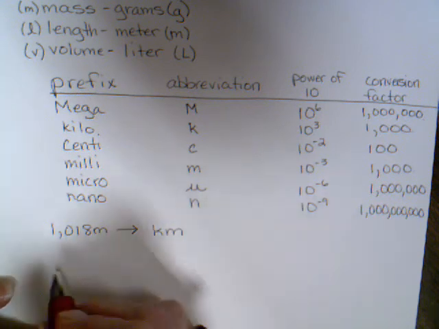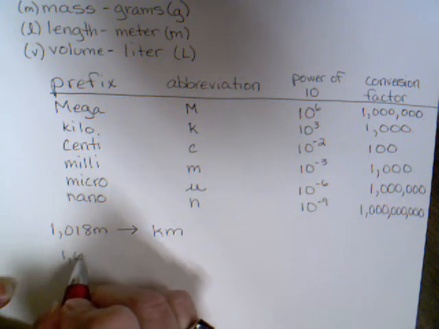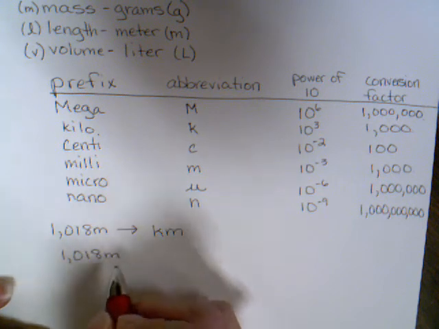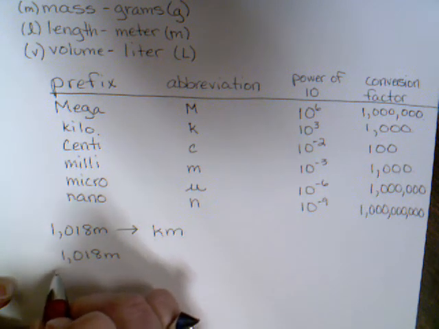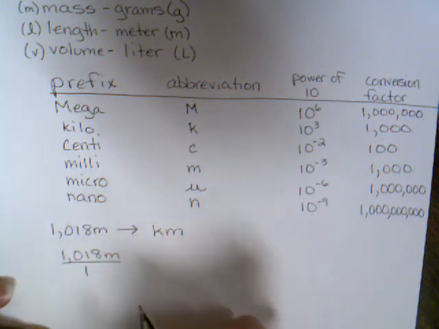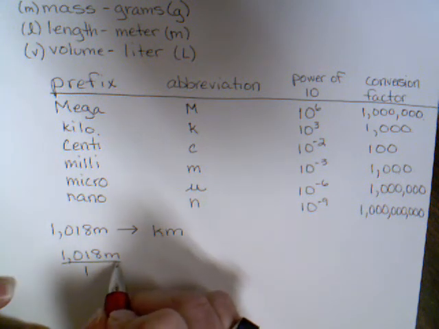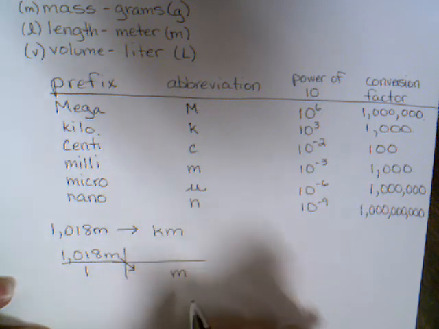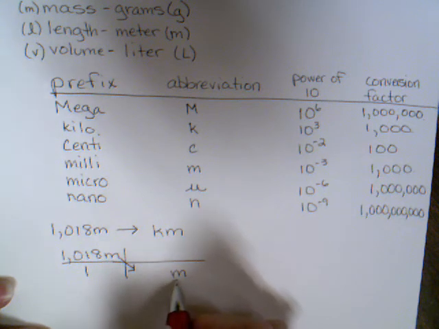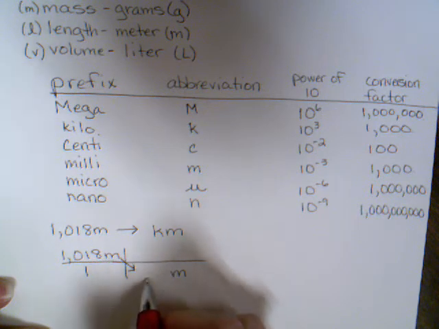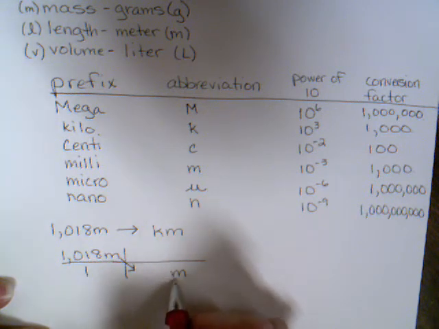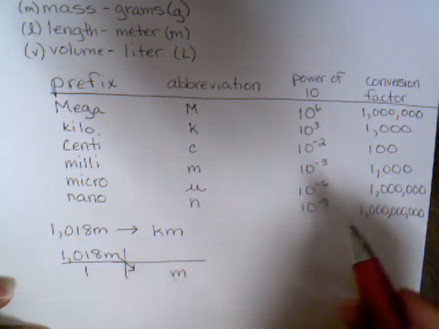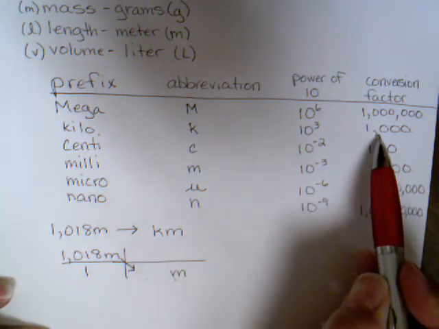So the first thing we do is we write the quantity given. We assume it to be over a 1. We draw an arrow to drag down our units diagonally. So now we know our conversion factor with the meters goes in this spot right here. There are 1,000 meters in a kilometer.